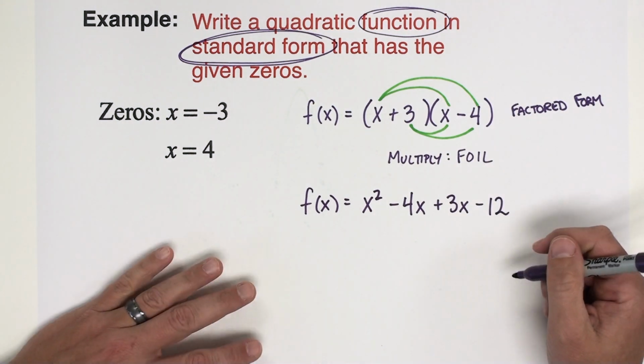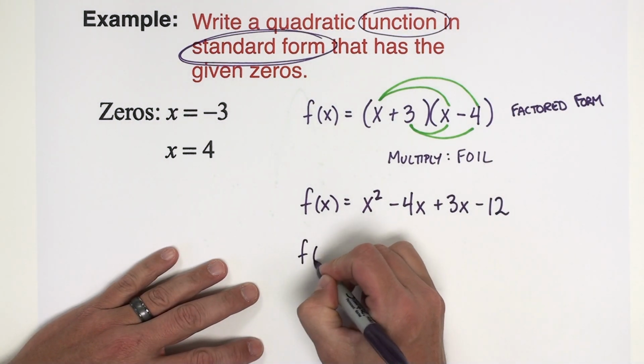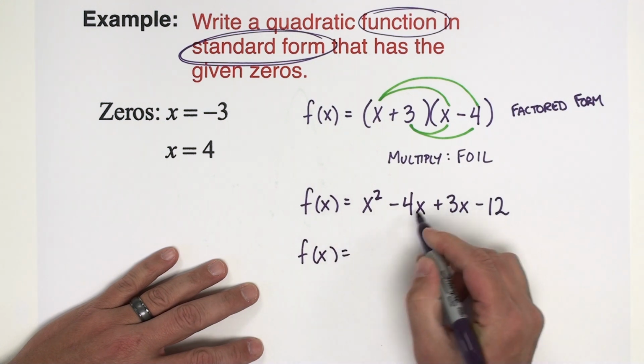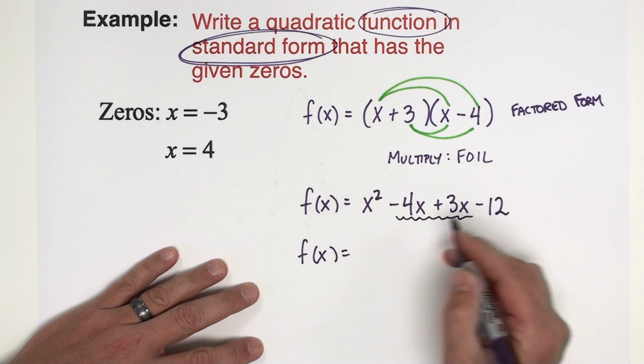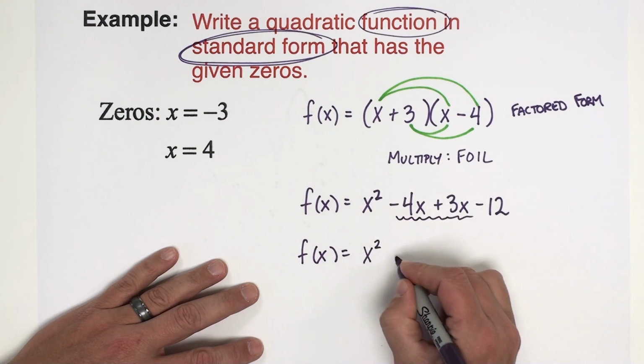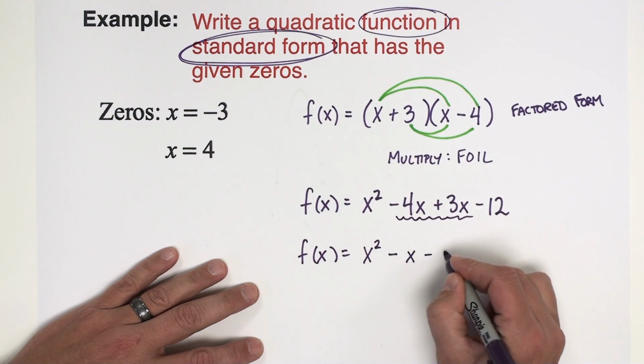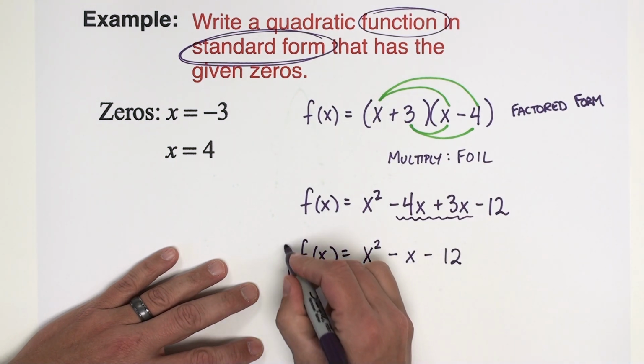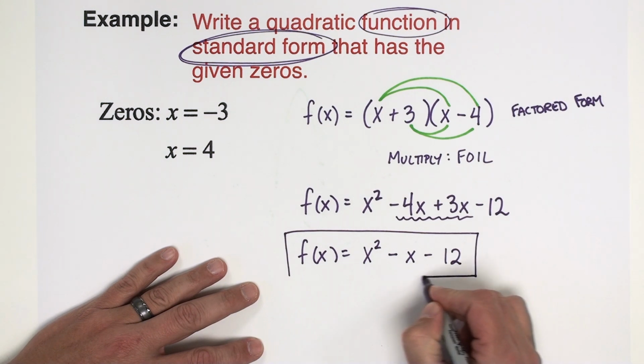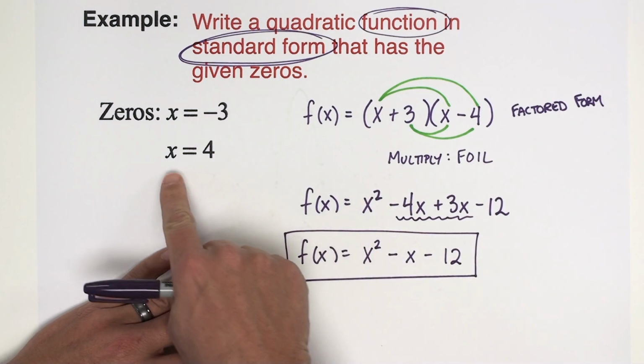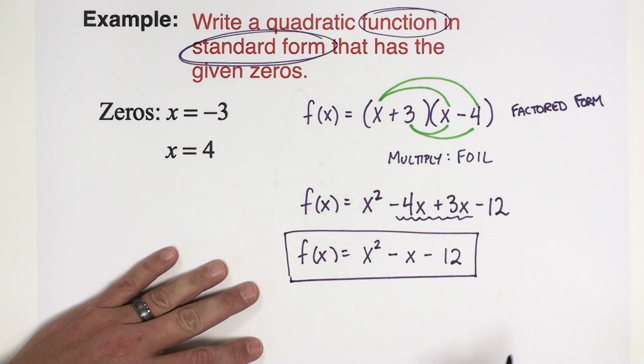Okay, so there's my FOIL steps. I'm going to finish this by just combining my like terms right there. Get x squared minus x minus 12. There's the function that would have these as its zeros.